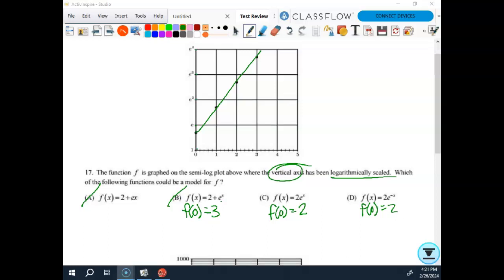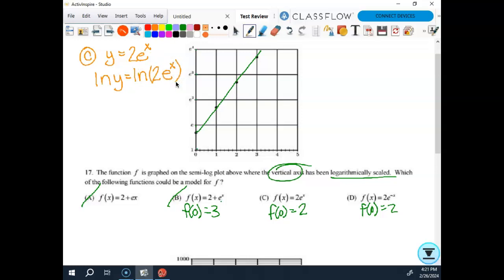So maybe here is where we want to actually figure some of this out. So for C, let's say that this is y equals 2e to the x power. Now I'm going to take the natural log of both sides. So the natural log of y equals the natural log of 2 times e to the x power.